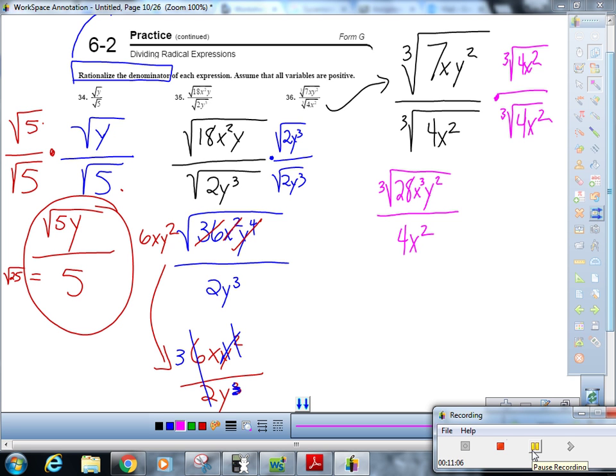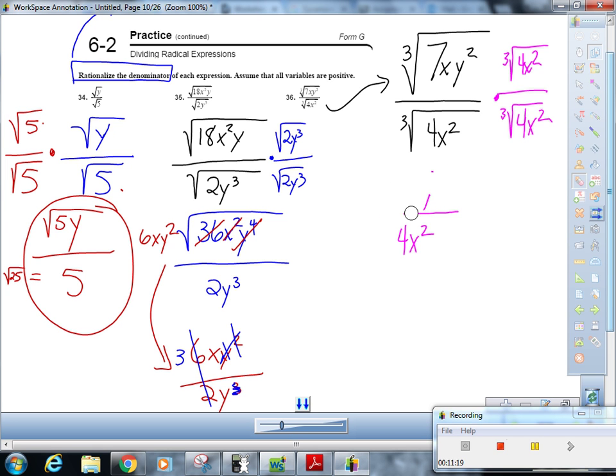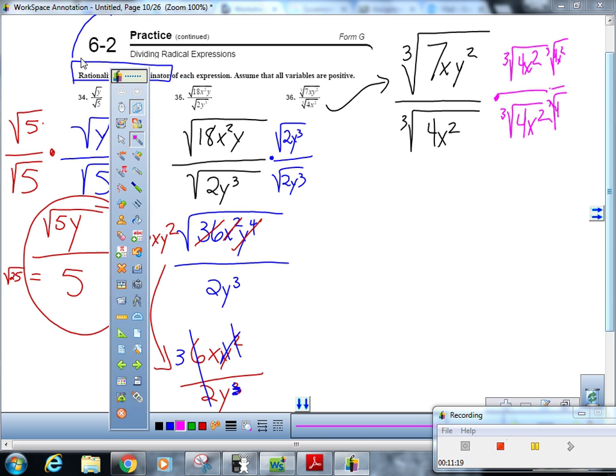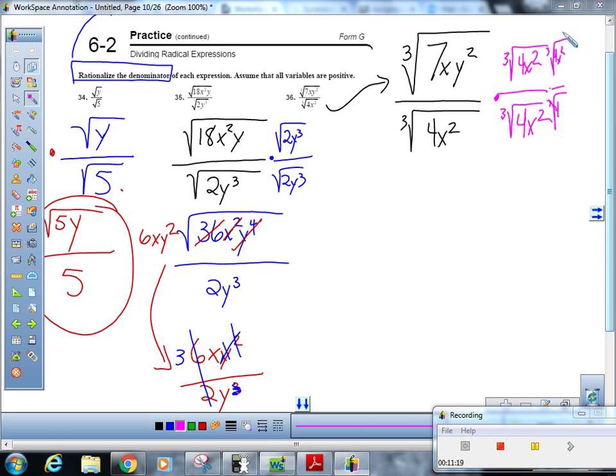And so what we have to do is undo this first strategy. Okay? We've got to multiply it again by the cube root of 4x squared over the cube root of 4x squared. Here, let me just get rid of this for a second. Because it's not a square root anymore, it's a cube root.